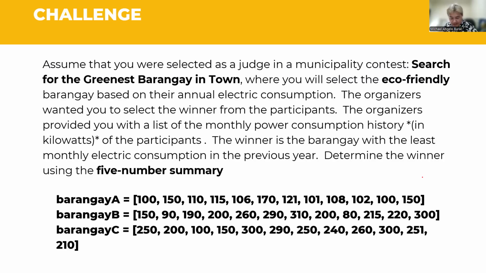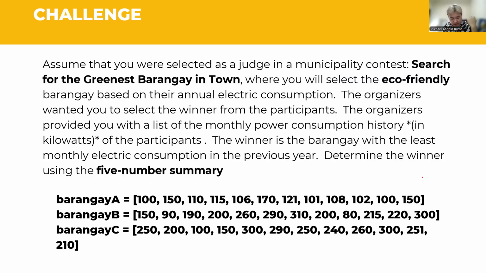So assume that you were selected as a judge in a municipality contest in search for the greenest barangay in the Philippines, where you will select the friendliest barangay based on their annual electric consumption. So the organizers wanted to select the winners from the participants.